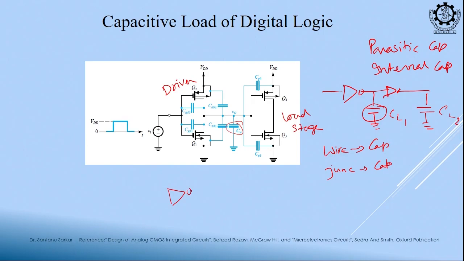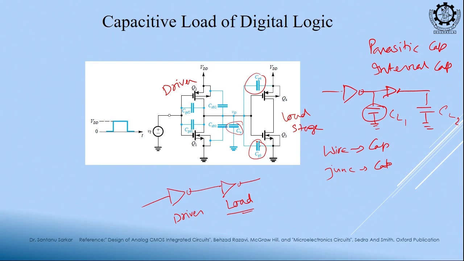I am having this inverter and it is connected to this inverter. So, this is as if my load to this driver, right. So, its input side, this will also offer me capacitances. So, what is the input? Gate capacitance of the PMOS and gate capacitance of the NMOS.